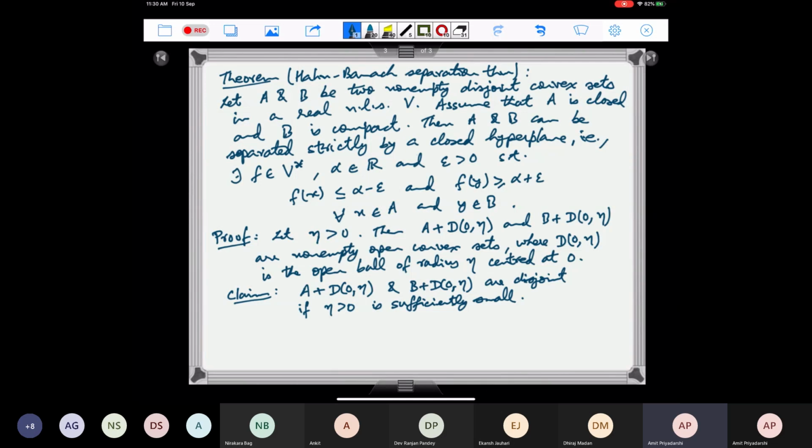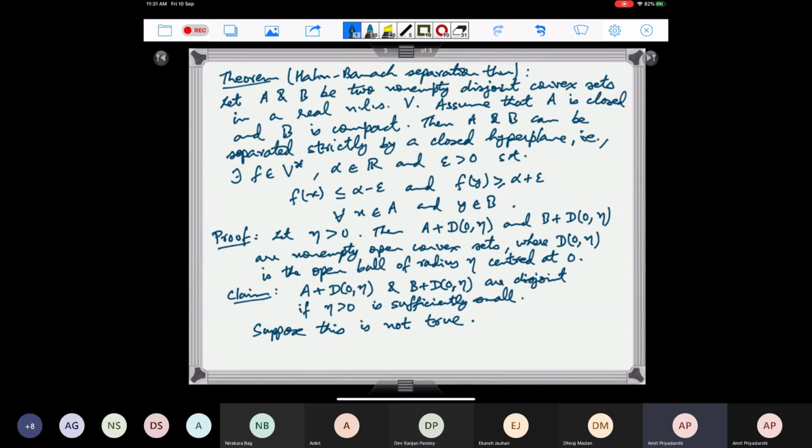Then we will choose that eta and work with that. So why is this true? Suppose this is not true, then for every eta these sets are not disjoint, so there exists some point which is in both of these for any eta.